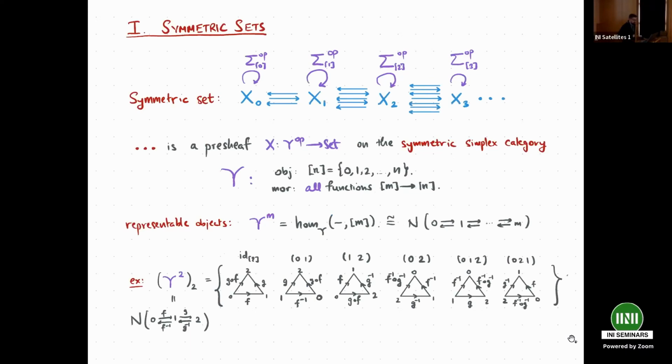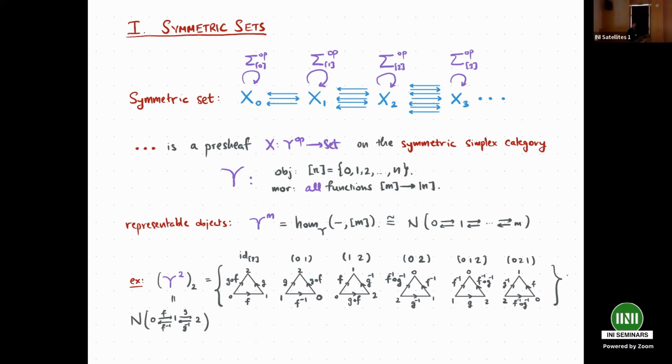maybe the best way to think about a partial group is simplicially, or in fact in terms of symmetric sets. So a symmetric set is a presheaf on a category Upsilon, and Upsilon has the same objects as Delta, bracket n for n at least 0.